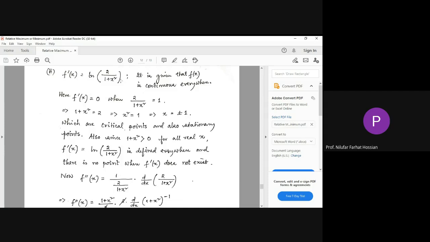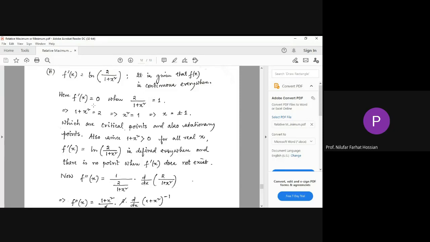Now the function f(x) will have a critical point where f prime x equal to 0 or where f prime x is undefined. So here f prime x will be equal to 0 when this ln becomes 0, and this argument should be 1, because you know ln of 1 equals 0.